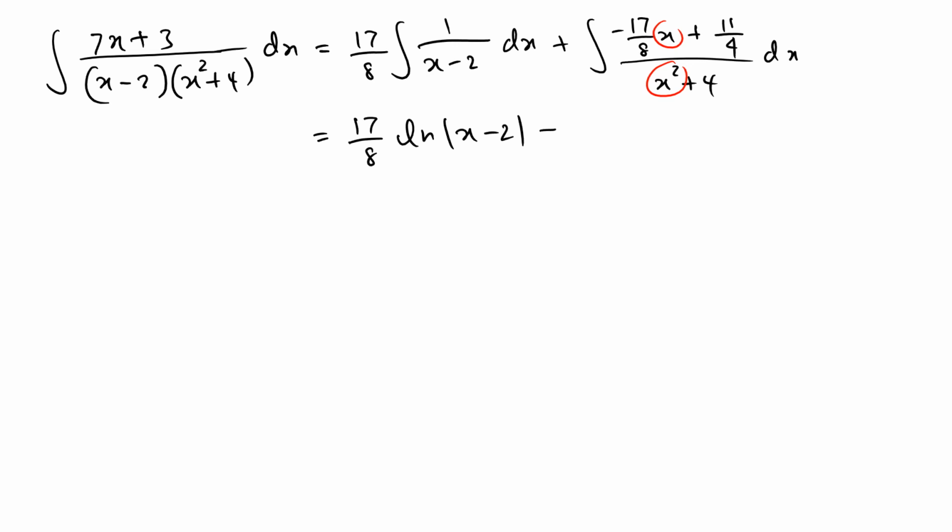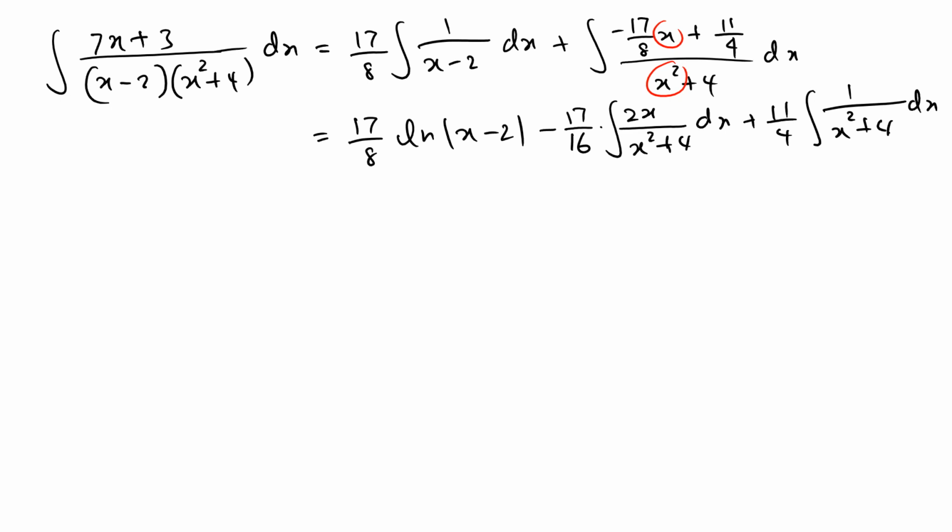That means we're going to divide and multiply by 2. So we can write this one as 17 over 16, because we divided, and then 2x over x squared plus 4 dx. And the second one, we just pull that one out and write 1 over x squared plus 4 dx.